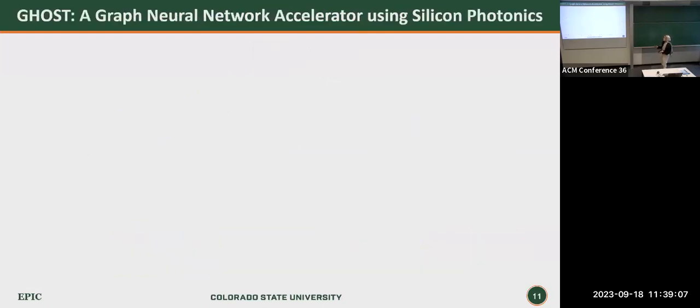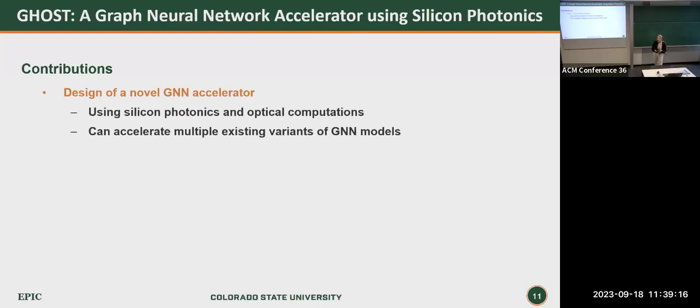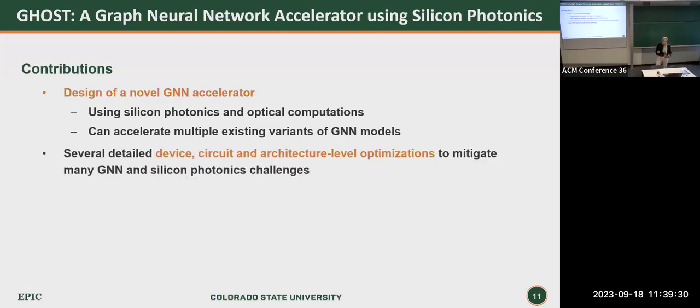Which brings us to our proposed solution, which is GHOST. The main contributions can be summarized as presenting the design of a novel GNN accelerator. In fact, this is the first GNN accelerator that uses silicon photonics and optical computations. It can accelerate multiple existing variants of GNN models.